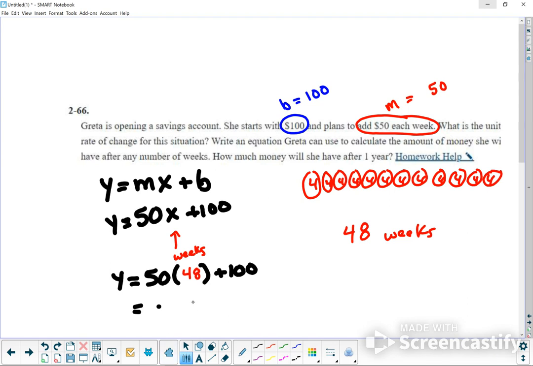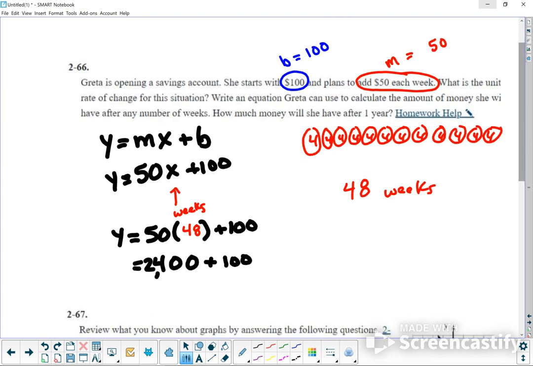Let's see, that's a 0 at the end. 5 times 8 is 40. 5 times 4 is 20, plus 4 is 24. So she saves $2,400 in a whole year, plus her original money that she put in, which is going to give her $2,500 after 1 year.